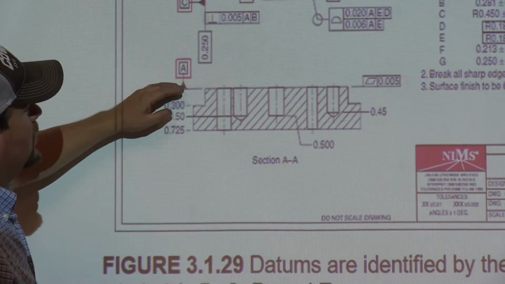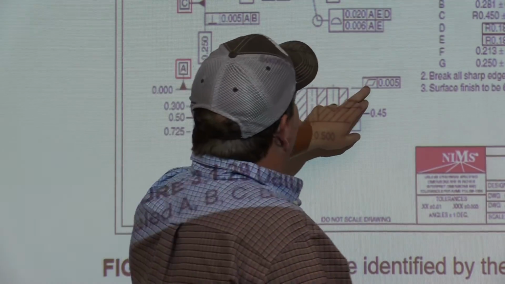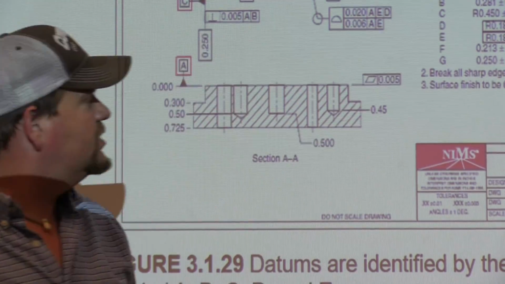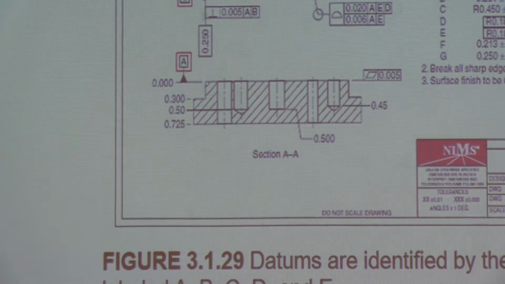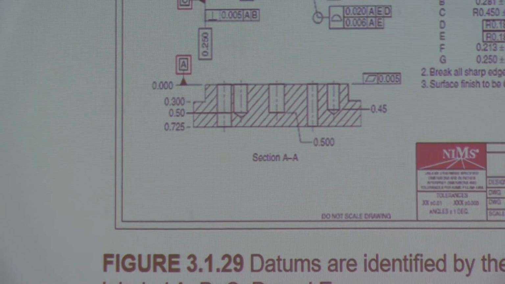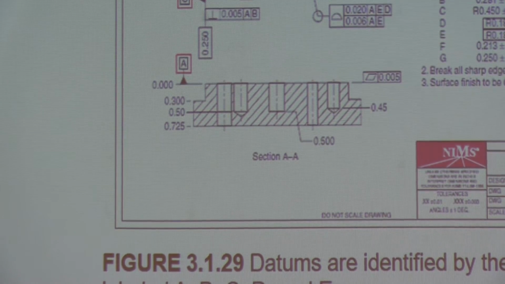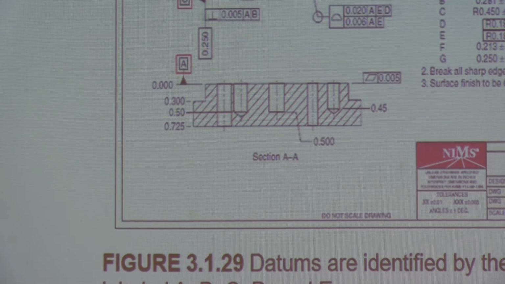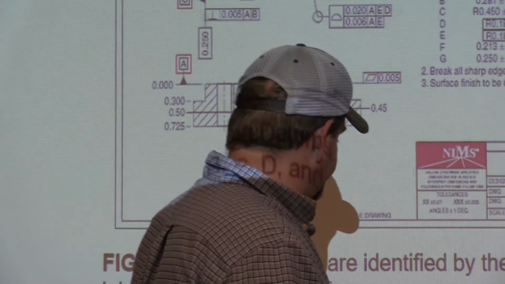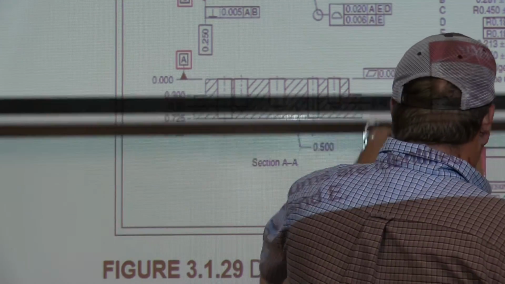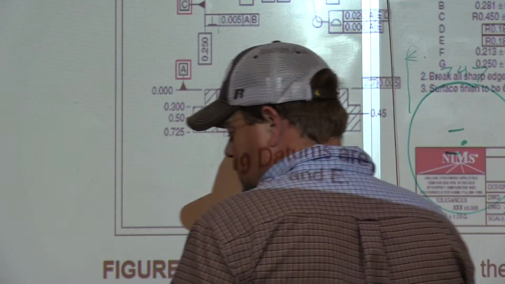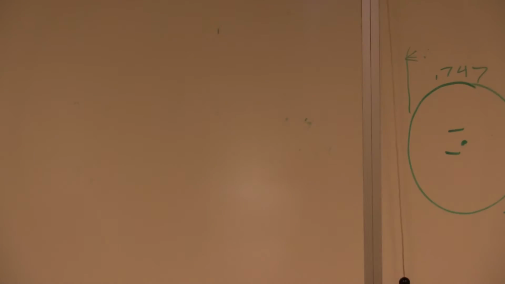Alright? Now if we look over here to the right, it's got the triangle piece, and it's given us a 5 thousandths tolerance. So we know that means flatness. So the flatness has to be within 5 thousandths. Alright? So what does that mean?